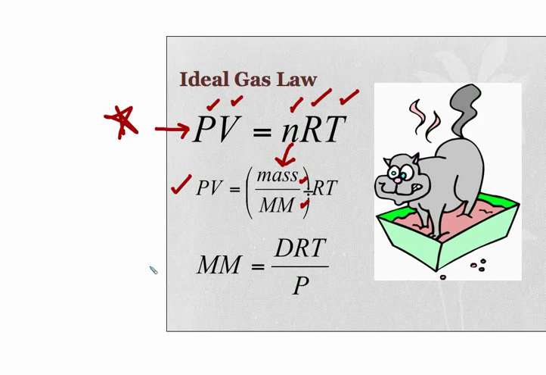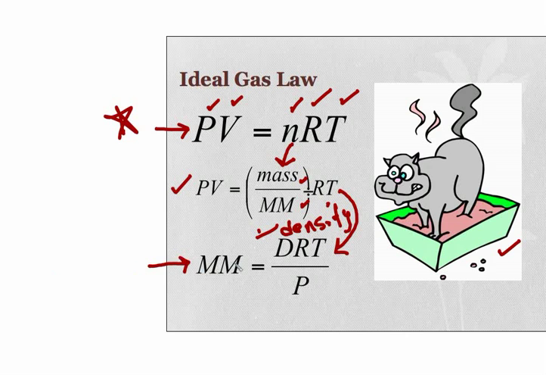Now this last one is going to give us an indication of why I have little stinky cat here. It's simply rearranging. We're solving this for mass over volume, which is our density. So that gives us a density term in here, where D stands for density.